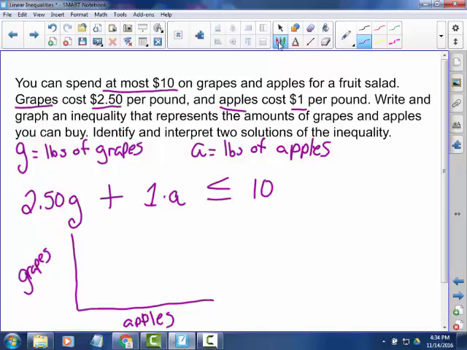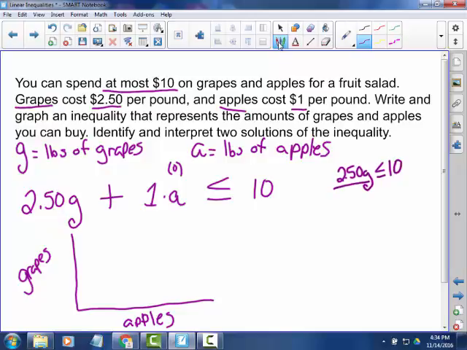Let's see. Here's something. If I just bought grapes, no apples, that would be 0 apples, then that would mean 2.50 times grapes, less than or equal to $10. I can't spend more than $10.